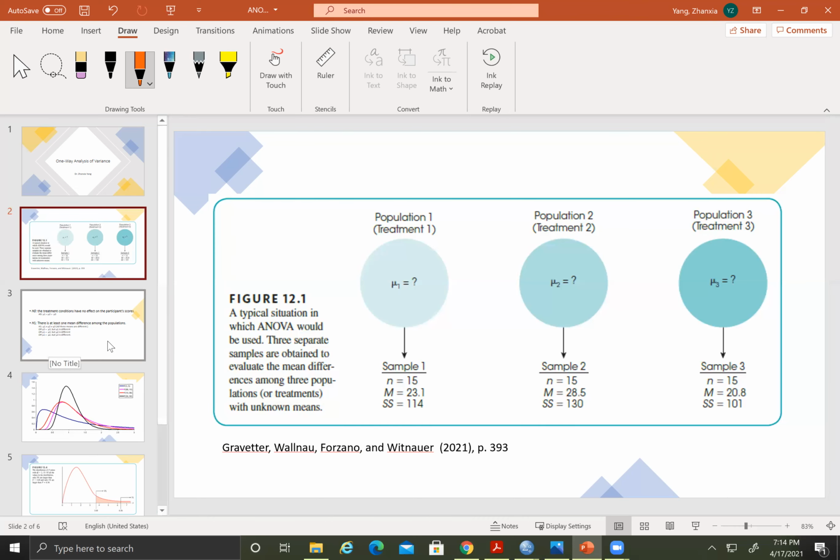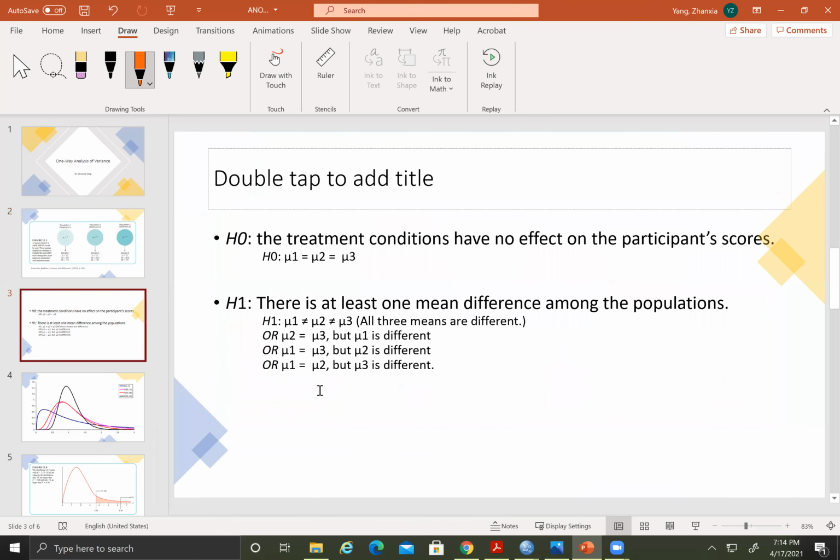After having this concept, we can state our null hypothesis and alternative hypothesis. If you recall, usually the null hypothesis is the one that has no effect, the one where there's no difference. The alternative, on the other hand, is the opposite of your null hypothesis.